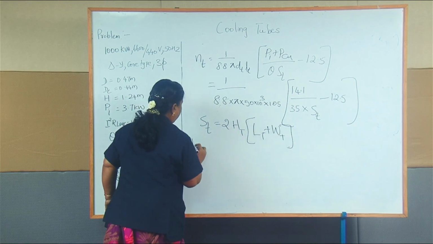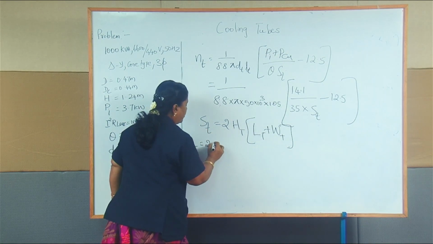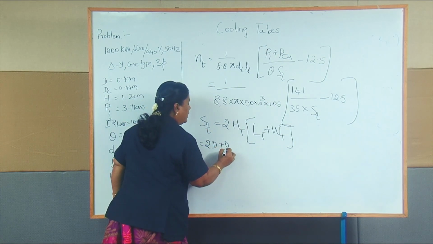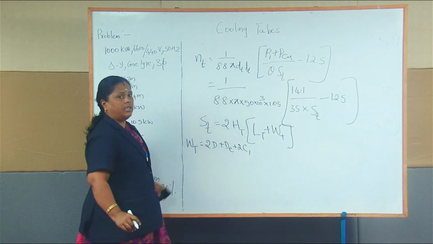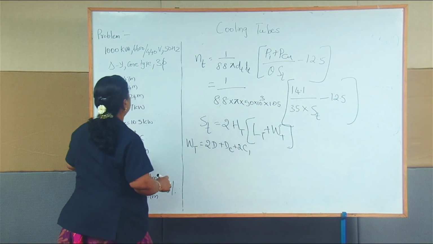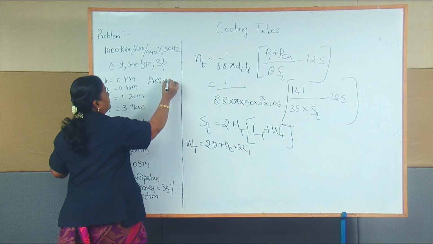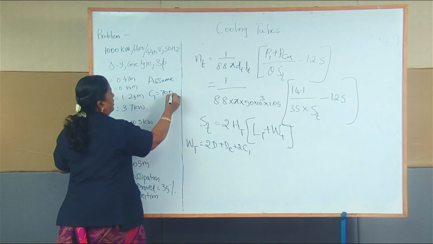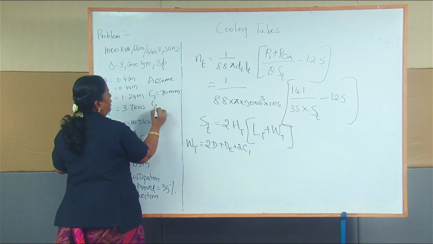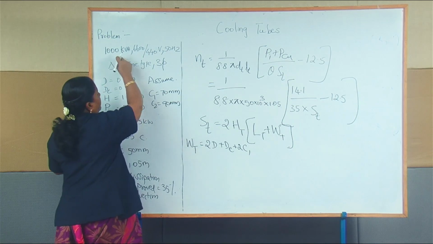Width of the tank. Since it is a 3-phase transformer, the width of the tank is 2D plus DE plus 2C1. Since they have not given the value of clearance, we will assume the values of the different clearances. C1 we will assume 70 mm. C2 we assume 90 mm up to 1000 kVA rating.